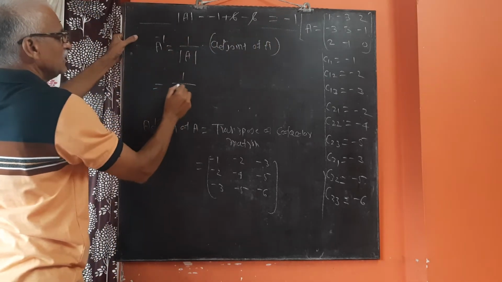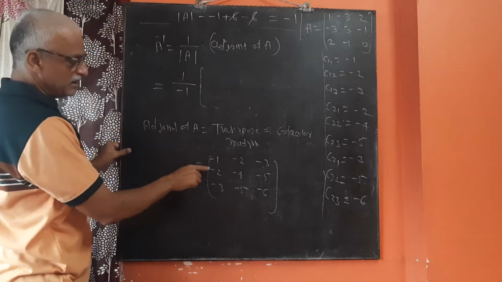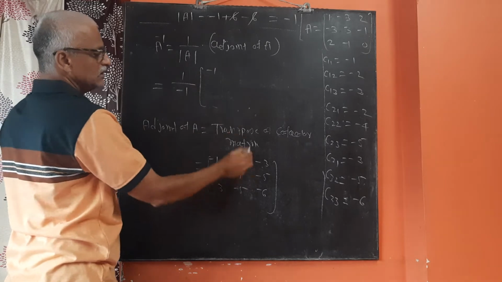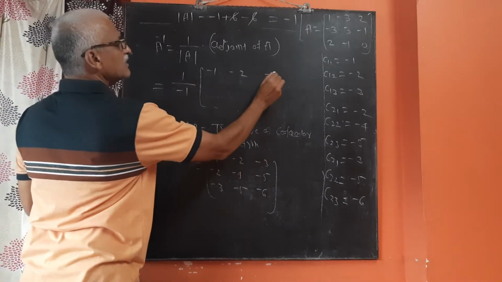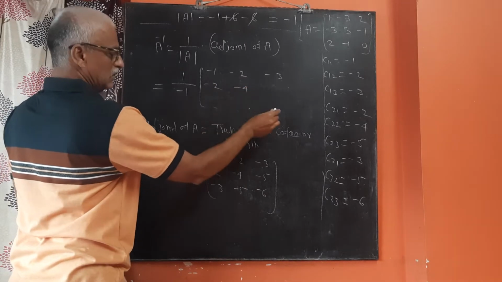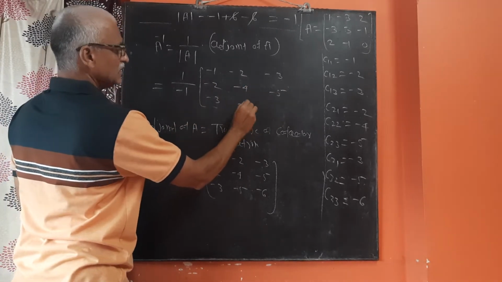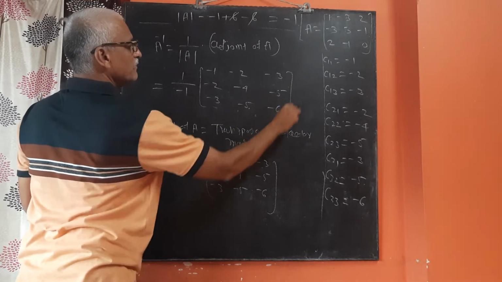So 1 upon minus 1 into adjoint of A, which is minus 1, minus 2, minus 3, minus 2, minus 4, minus 5, minus 3, minus 5, minus 6.